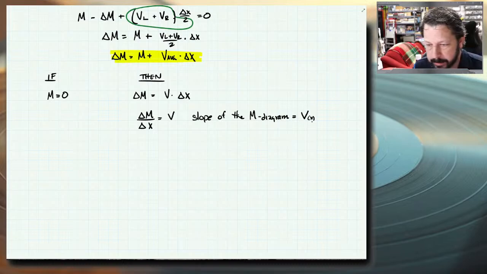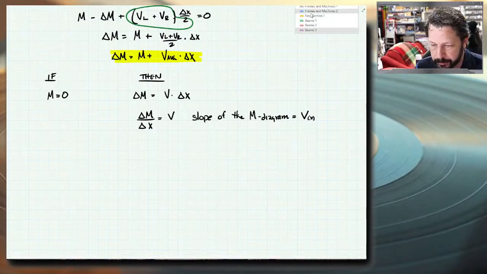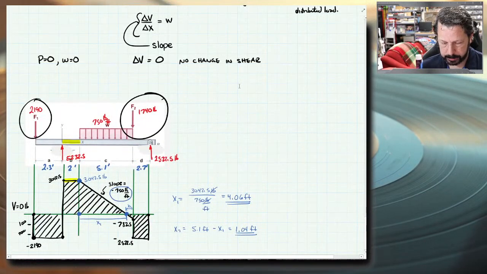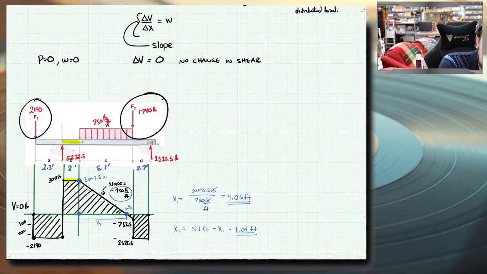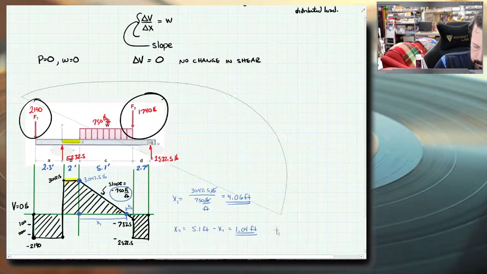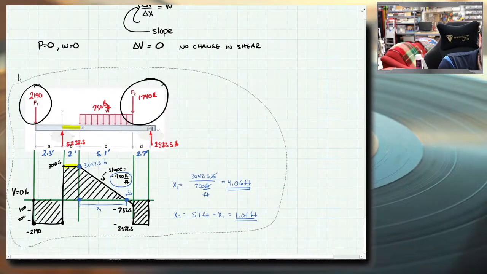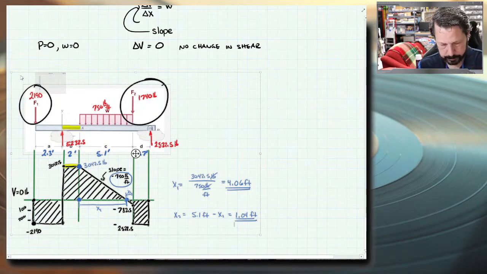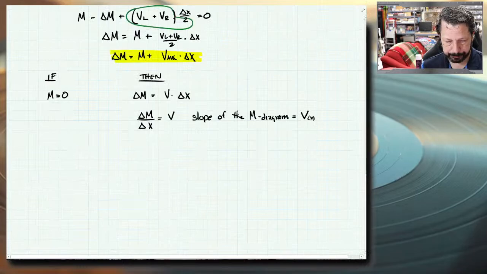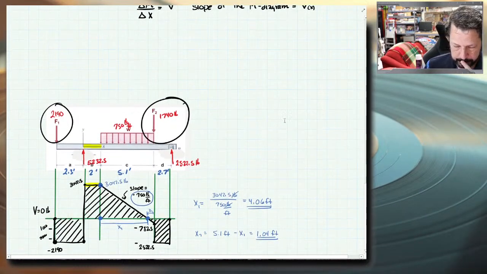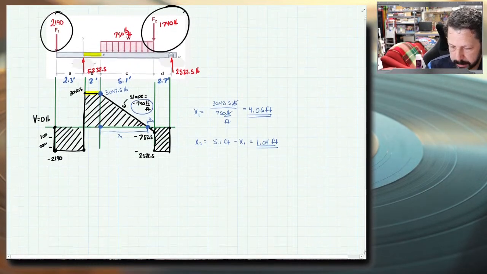So let's go back and look at our shear diagram that we drew before. Maybe let's copy this stuff because we're going to need it. Okay. Let's just carry that to our new page. Put it down here. Okay. So we've got a lot of sections.